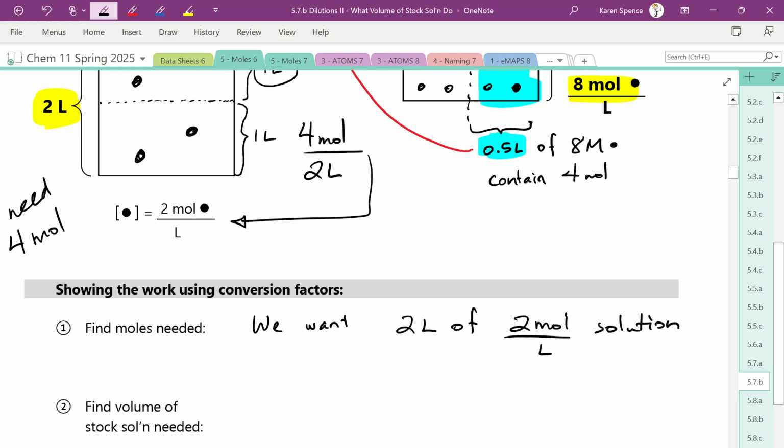Well, the math on that to find the moles is really easy. We say we have 2 liters. What does of mean? Times 2 moles per liter, and that gives us 4 moles. That's how much we need.